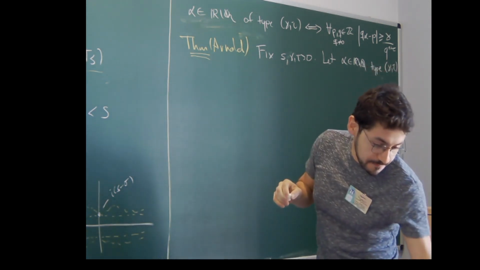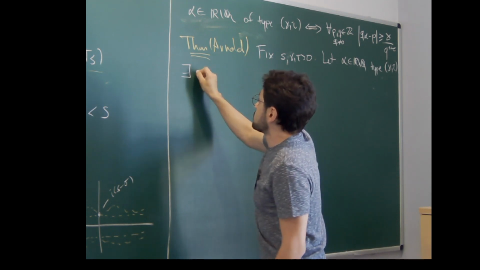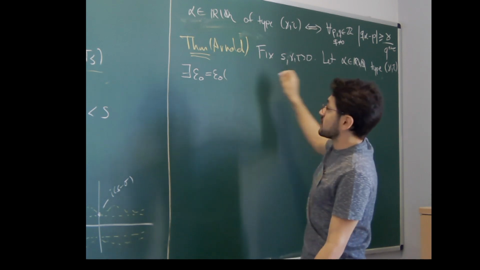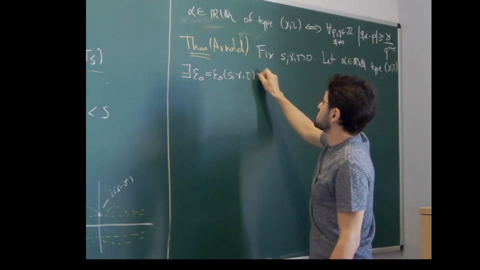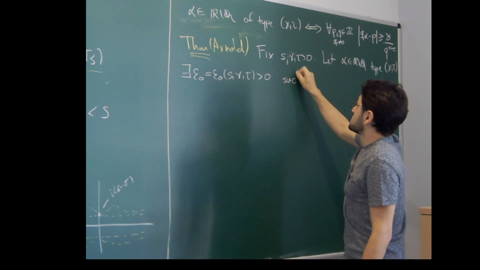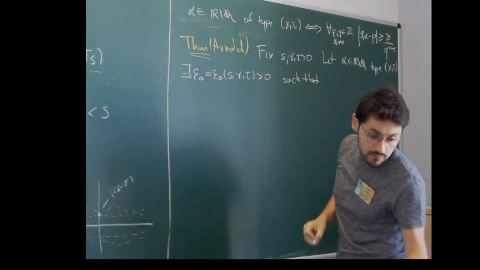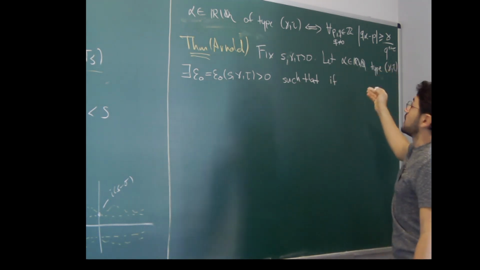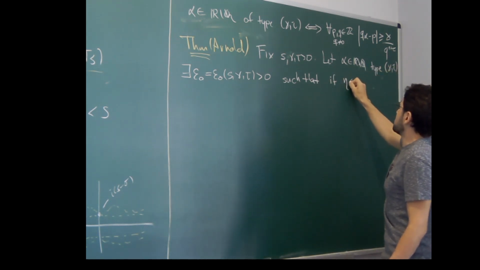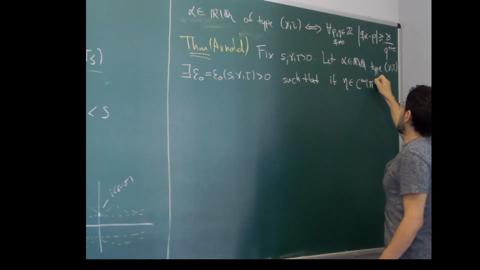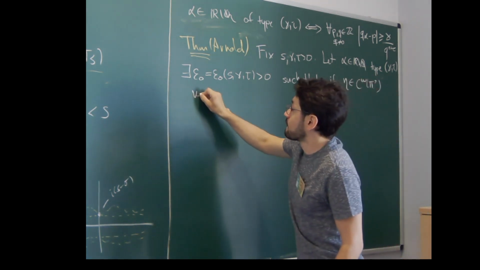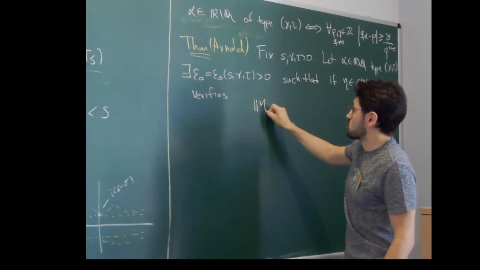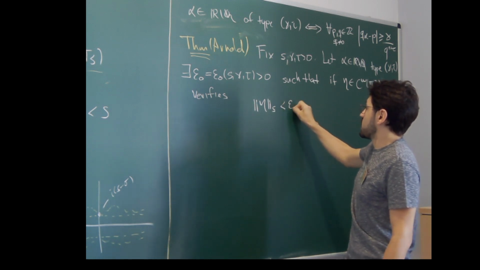And then I can say that there exists some epsilon, which depends only on these constants that I fixed, such that if I pick a function here with a certain smallness, so I suppose that the norm of this is smaller than epsilon 0.